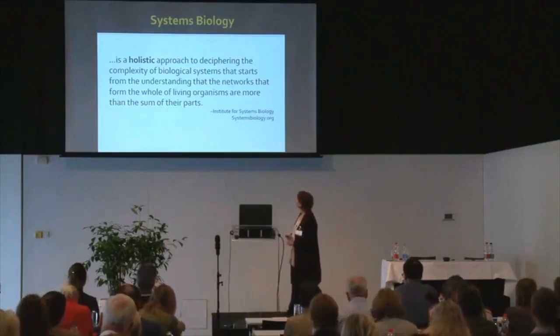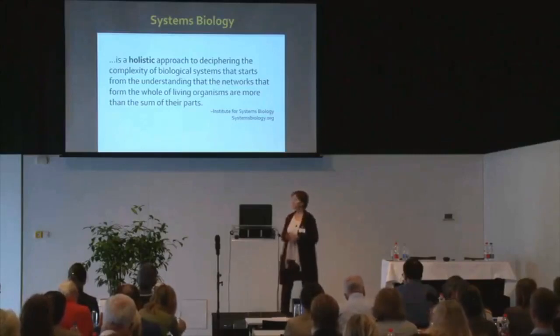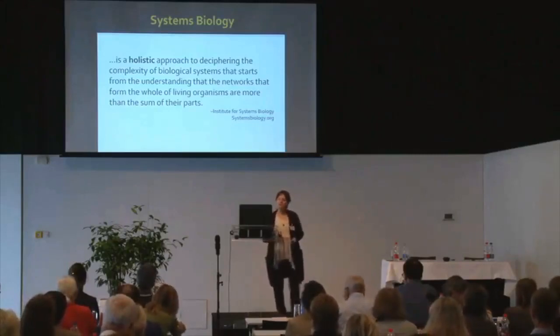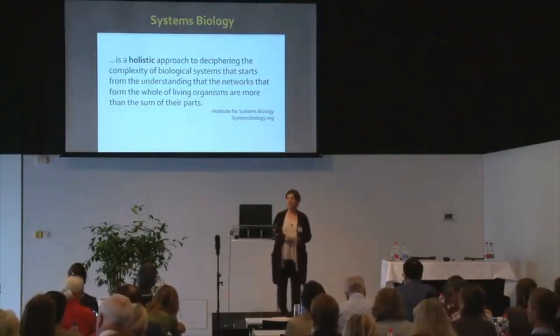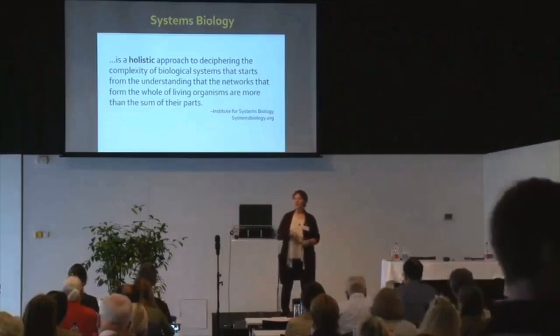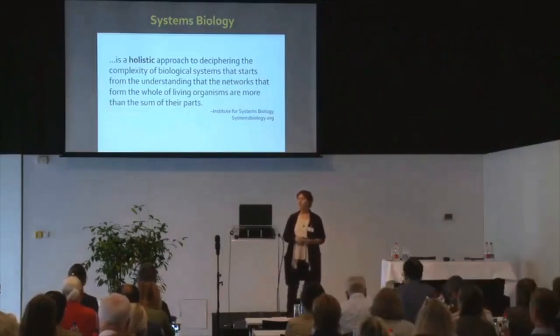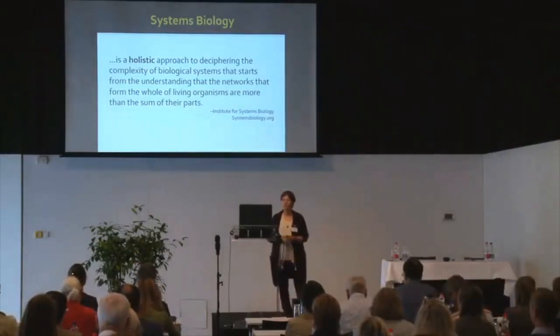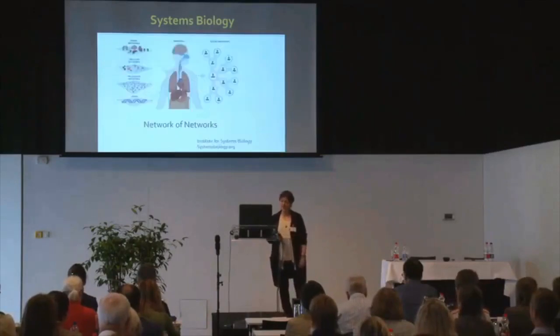And this is a quote from the Institute of Systems Biology, that systems biology is a holistic approach to deciphering the complexity of biological systems that starts from an understanding that the networks that form the whole of a living organism are more important than the sums of their parts.